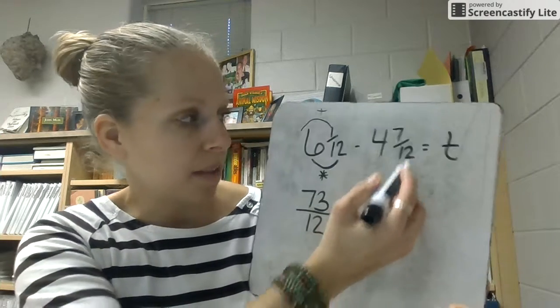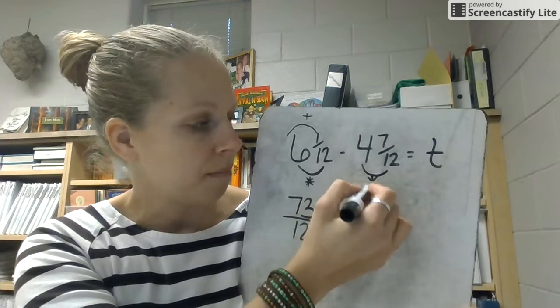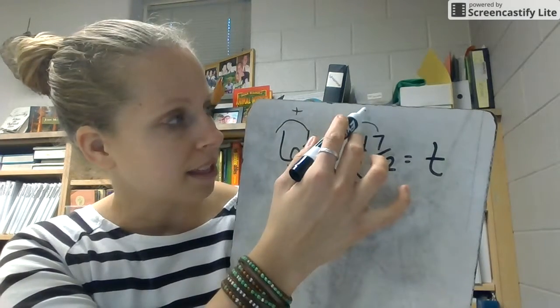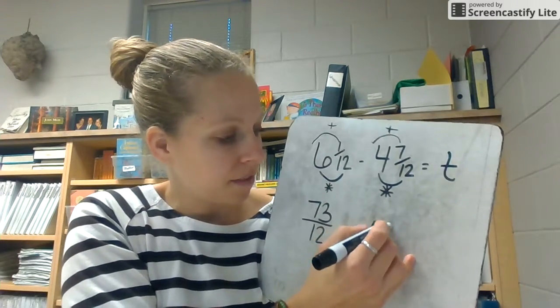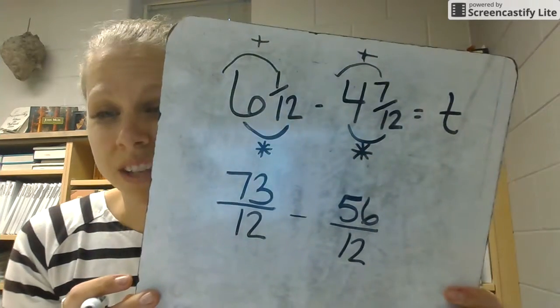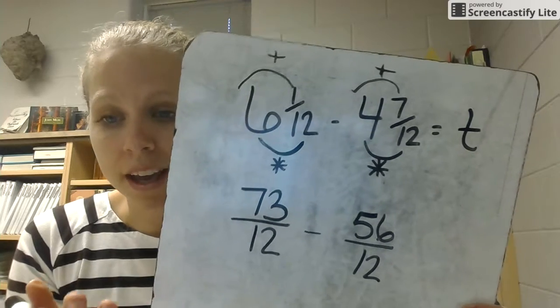Now I can do the same thing to my 4 and 7/12. I multiply the bottom, and 4 times 12 is 48, and I add the top, which is 7, okay? So I have 55/12. Now, that doesn't look so scary. That kind of looks like what you just did on Thursday or Friday.